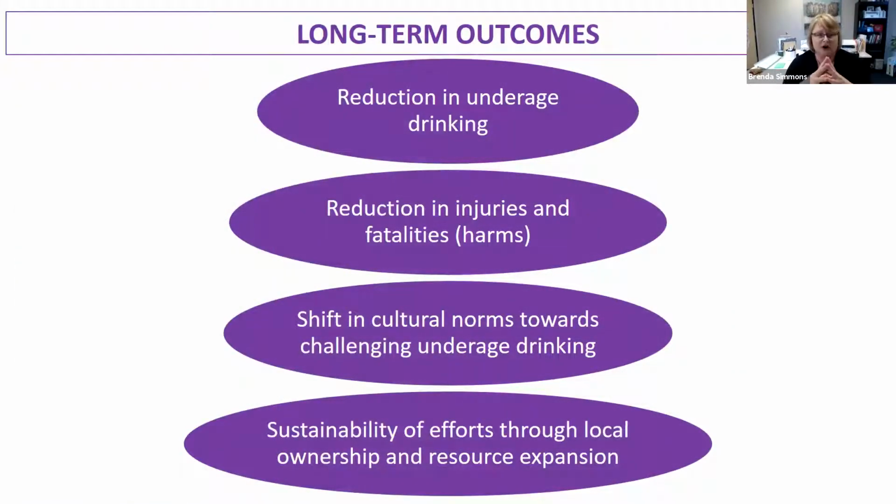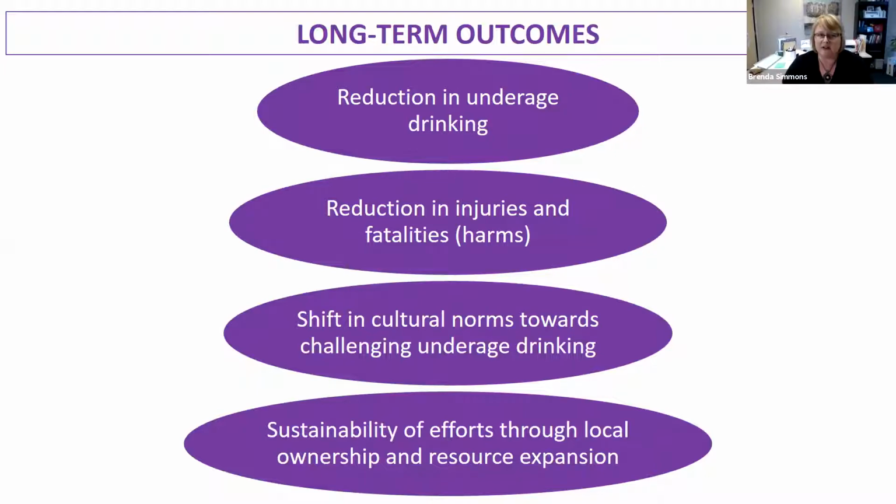We are going to start with the end, because if we don't know where we want to go, there's no way we can plan how to get there. So we want to know what we want our long-term outcomes to be. In this case, we want a reduction in underage drinking. We want a reduction in injuries and fatalities and other harms associated with underage drinking.